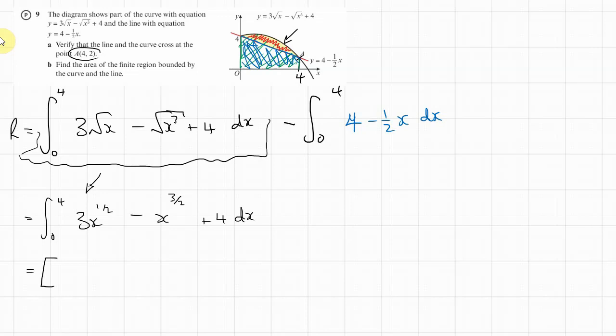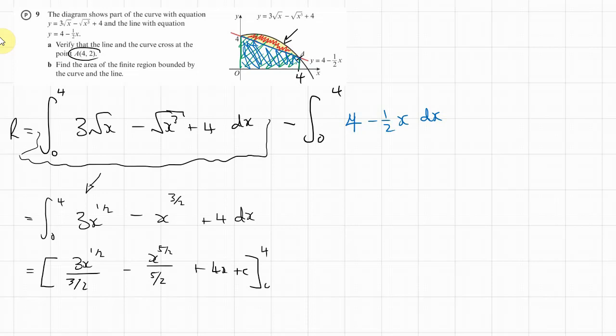So I'm just going to get my solutions up from before, so I'm not spending ages doing loads of fraction work in front of you. So 3x to the power of a half divided by 3 over 2. X to the power of 5 over 2 divided by 5 over 2. 4x plus c.